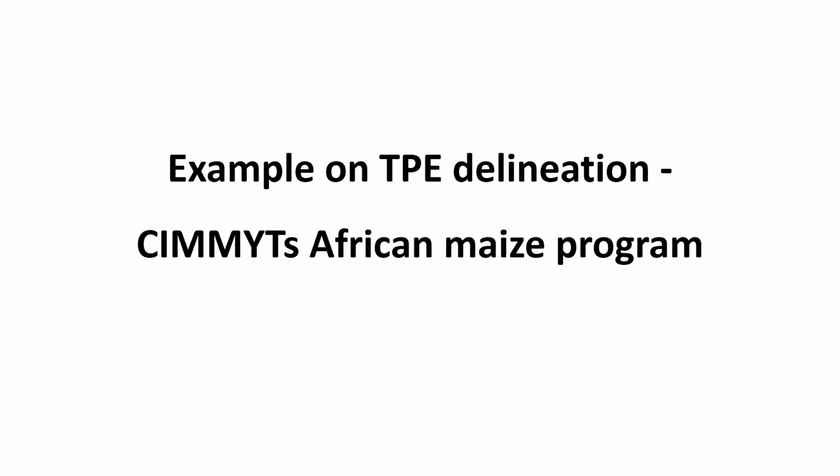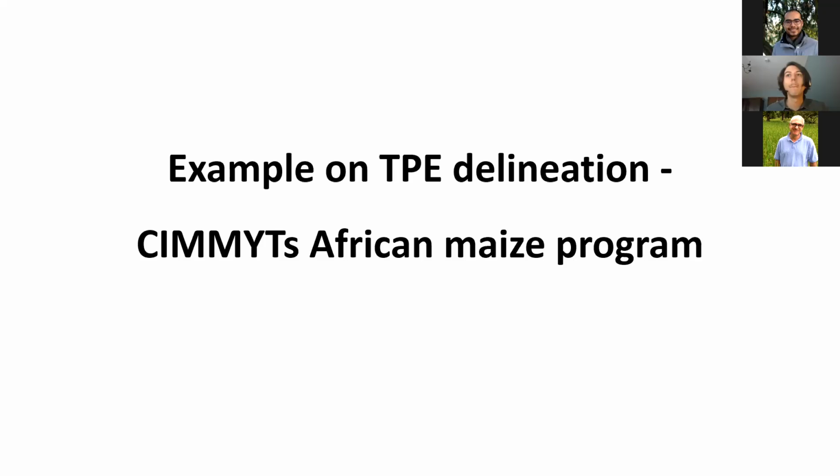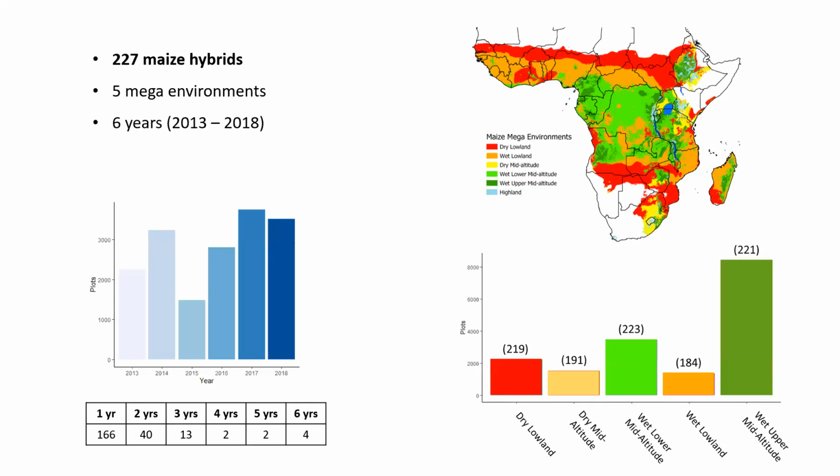I will not claim that this is a detailed analysis and that this is everything we need to draw conclusions, but I think it's a nice example to, again, make a point and show how Gary's approach can be used and can be useful to delineate plant breeding program TPEs.